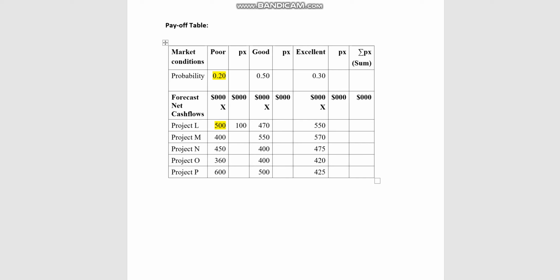Then 0.5 multiplied by 470. I think everybody is telling me it comes to 235. And then 0.3 times 550. You don't need to rush.